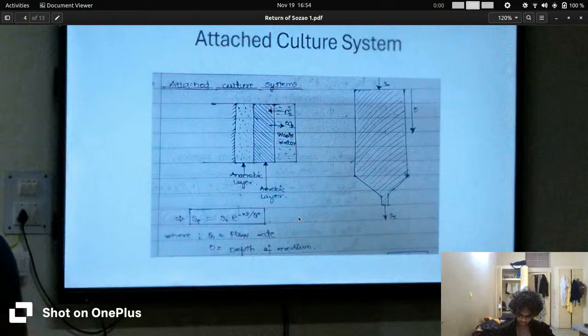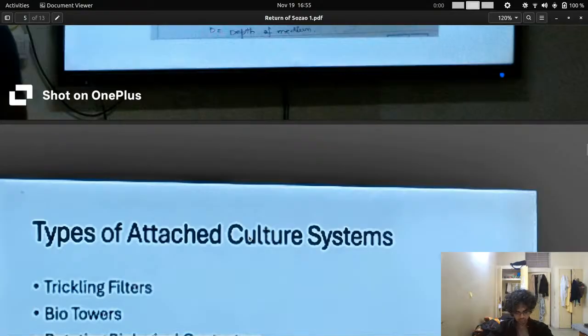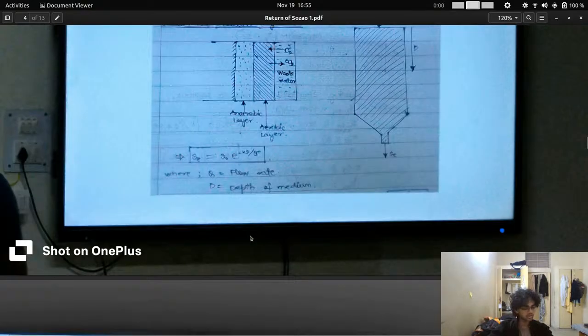Here I've written Q is hydraulic loading rate, and here they have just written flow rate. I don't know which one is correct, but anyway. Also, he's given us a formula for K constant, and it's dependent on temperature. So KT equals K20 times 1.035 to the power T minus 20.